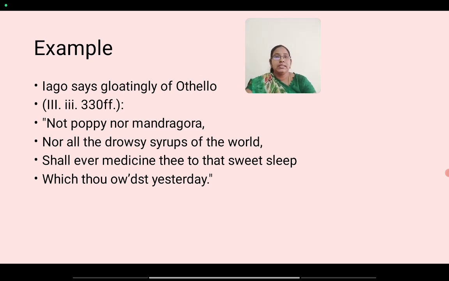Mandragora, similarly, is also a plant which influences our sleep. Not all the drowsy syrups of the world can give you such a sleep. That is, even if you drank all the medicines or whatever things, it would not give you such a sleep, but you slept very peacefully. So it's just a small thing, but we find Iago exaggerating it and saying it in an ironical manner.